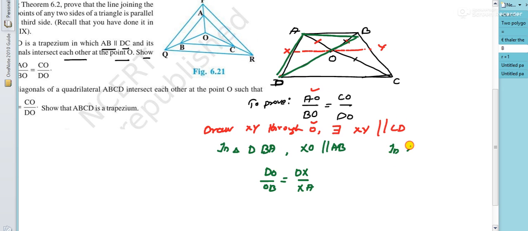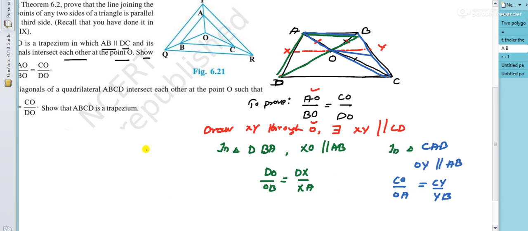Similarly, in this triangle from this side, look here. Okay. Yes, in triangle CAB, here OY is parallel to AB. Correct? So I can write here CO by OA is equal to CY by YB.